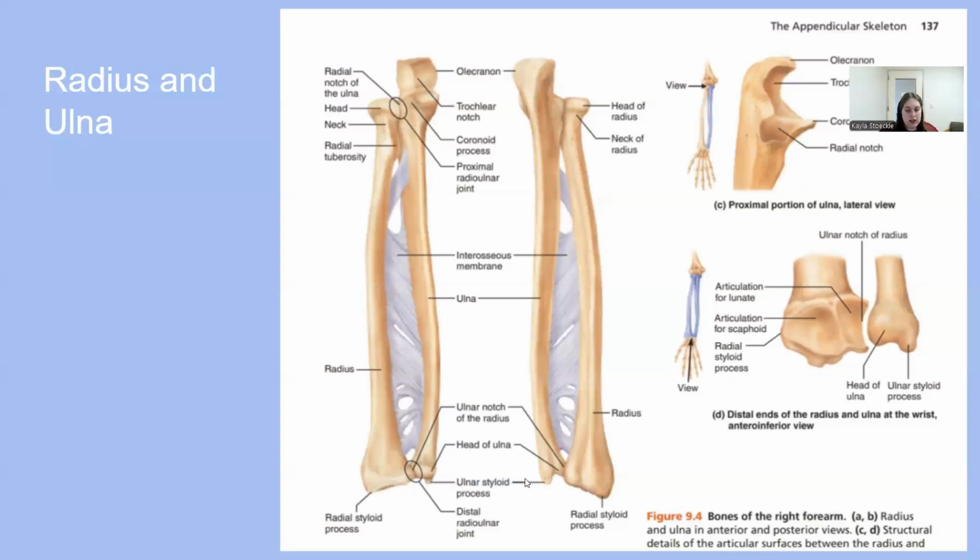You have the ulnar styloid process, which again is a little tooth-shaped section of the bone that is going to be part of the distal radial ulnar joint. And then you have the coronoid process, which is right here. It's going to be almost exactly distal to the trochlear notch. And this is where it connects to and surrounds the trochlea of the humerus.